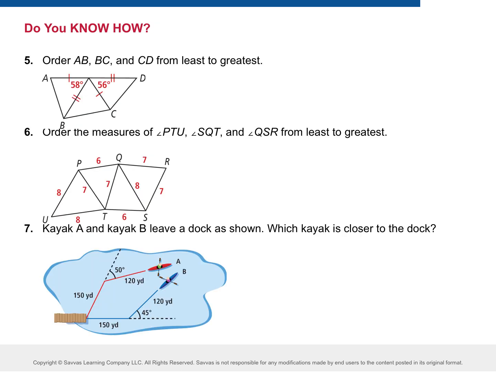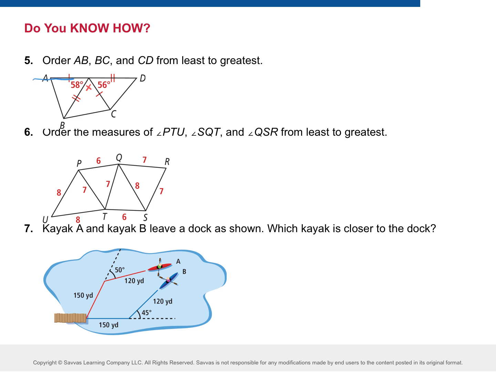All right, looking at number 5, do I have enough information to say what the smallest to greatest side is? No, I got to find what this angle is inside. How do I find what that angle is? Yep, what was the reasoning you did that for?